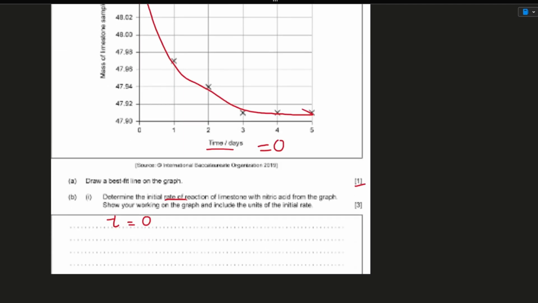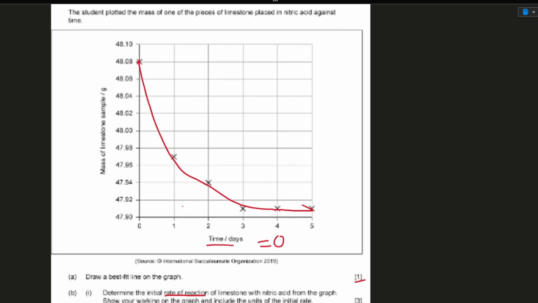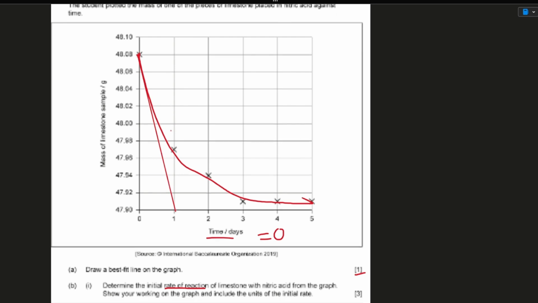In order to calculate the rate of reaction, we have the change in y over the change in x. In order to accurately represent a curved graph, we always draw a tangent. So right here we can draw a tangent on the line, which is going to be horribly accurate, but yeah, that's a pretty good straight line.